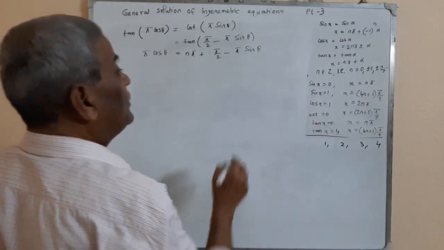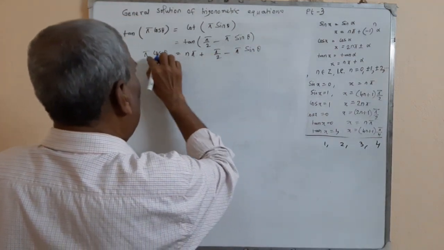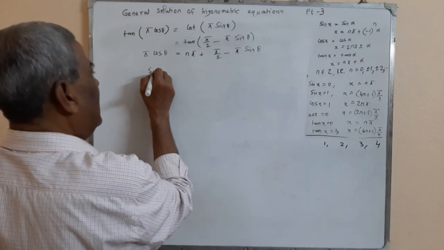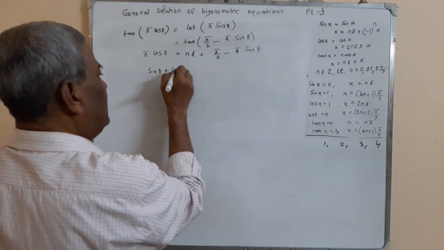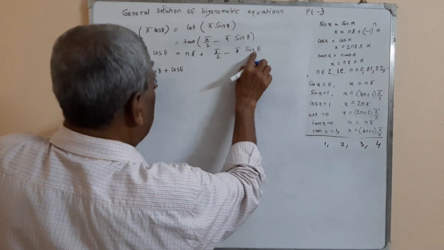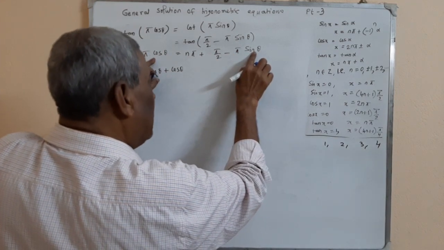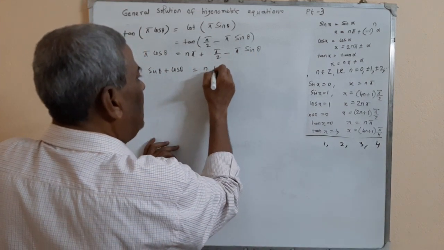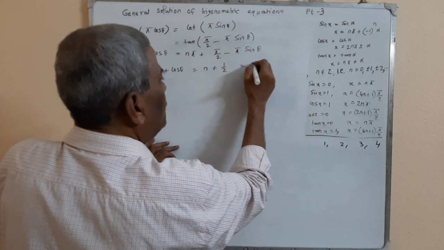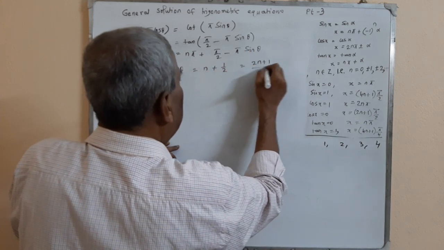Pi can be cancelled all along. So sin theta plus cos theta, after cancelling pi, is equal to n plus half. That is 2n plus 1 by 2.